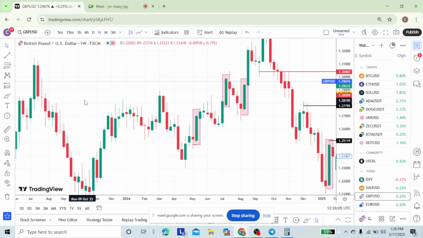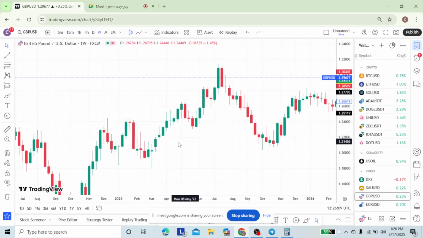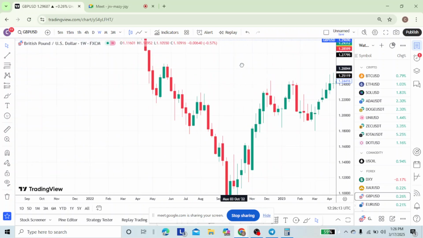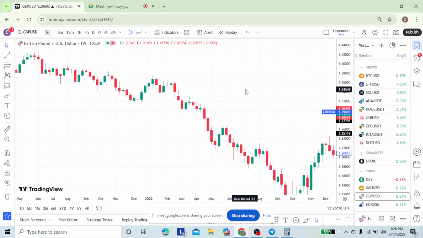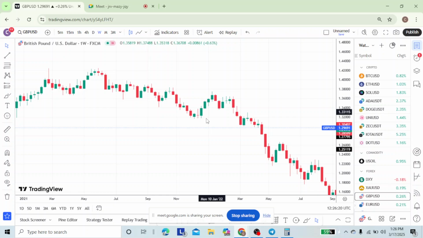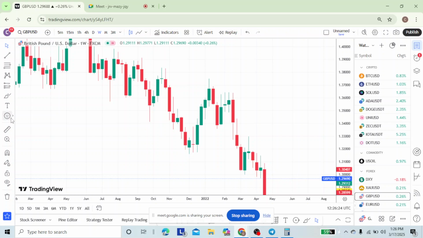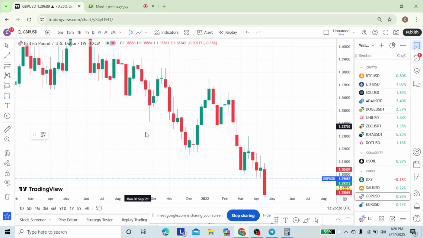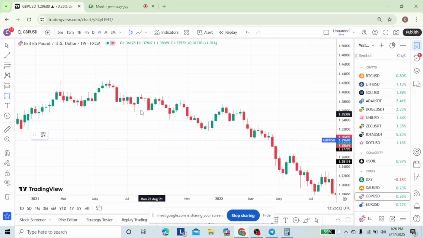So let's look at the bearish one too. Looking at the bearish Marubozu candlestick. Okay, this is one at the top.